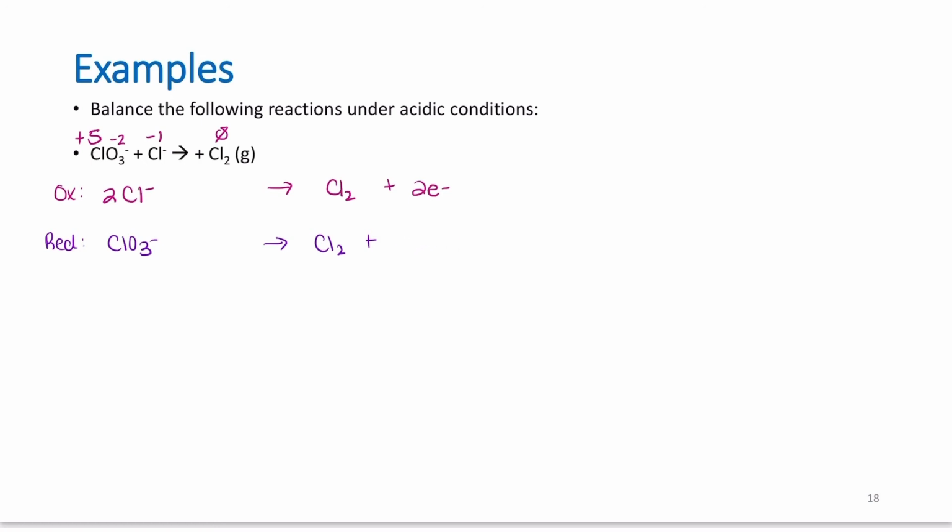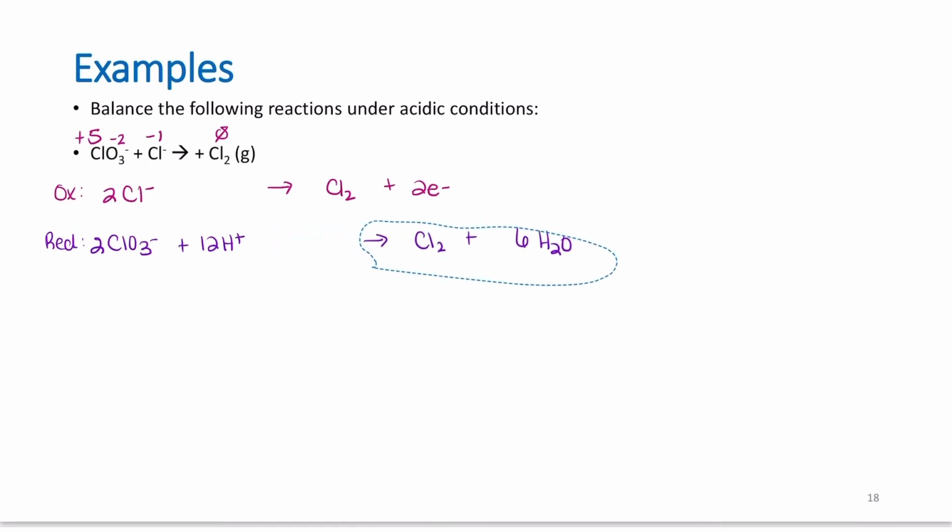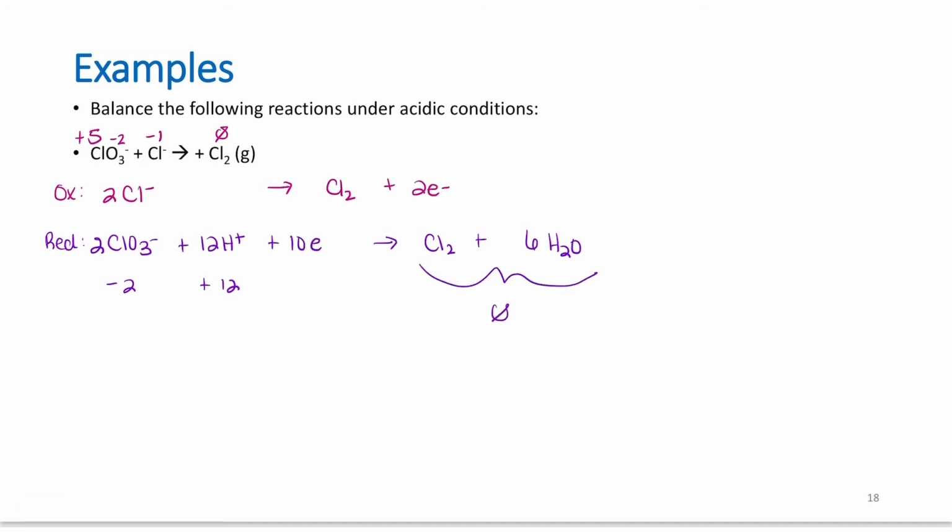I forgot to balance my chlorines first. 2 in front of the ClO3-, which gives me 6H2O here to balance out my oxygens, and balance out my hydrogens. So I've got 2 chlorines on each side, 6 oxygen on each side, 12 hydrogen on each side. Let's check your charge. There's a -2 here and a +12 here. And this side has an overall charge of 0. So I need to add 10 electrons so that I have an overall 0 charge on both sides.